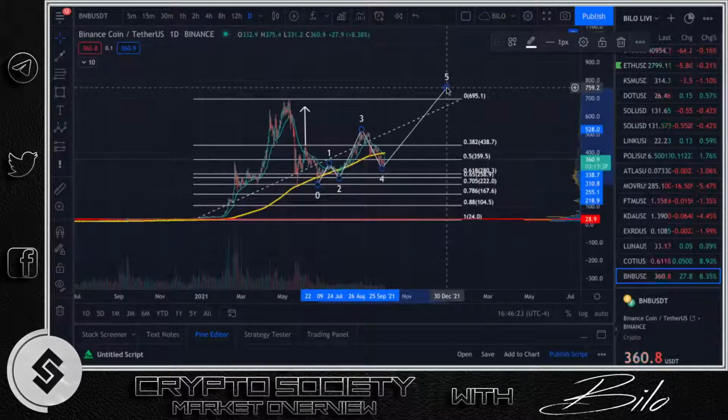In Elliott wave theory, one of the biggest rules is that wave 4 cannot go below wave 1 in an uptrend, and can go above wave 1 in a downtrend. But there is an exception in leverage markets, because in leverage markets you can have flash crashes because of liquidations.